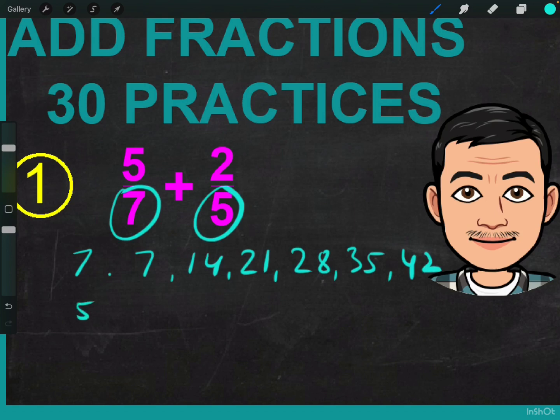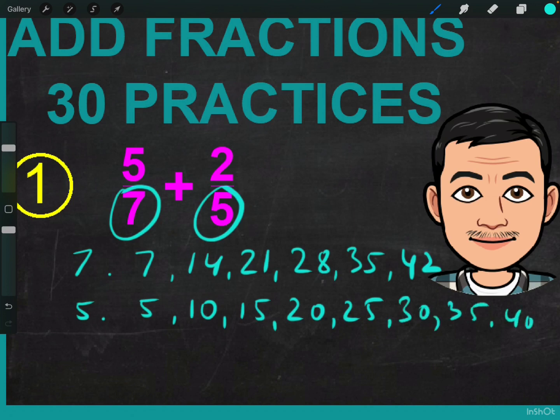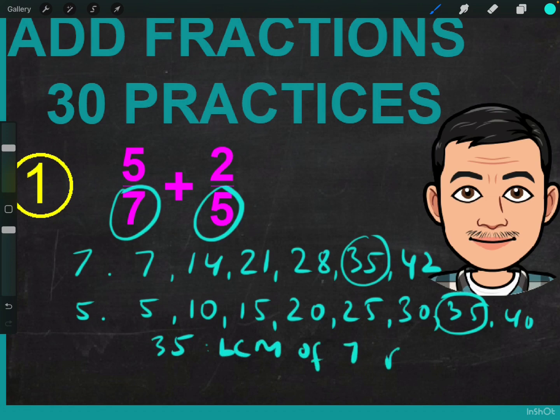For number 5, we have 5, 10, 15, 20, 25, 30, 35, 40, in which we see number 35 is the same multiple and is the least multiple. So 35 is the LCM of 7 and 5.